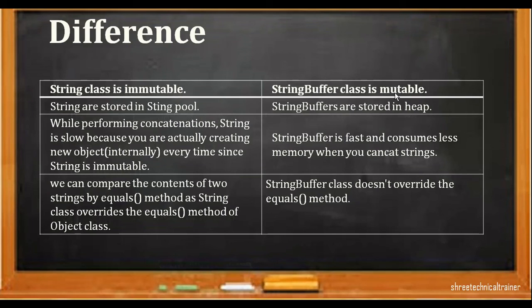String buffer is mutable. Strings are stored in the string pool, whereas string buffers are stored in the heap. While performing concatenation, string is slow, whereas string buffer is fast and consumes less memory compared to string. Next, when we compare the contents of two strings by the equals method, String overrides the equals method, but string buffer does not override the equals method.